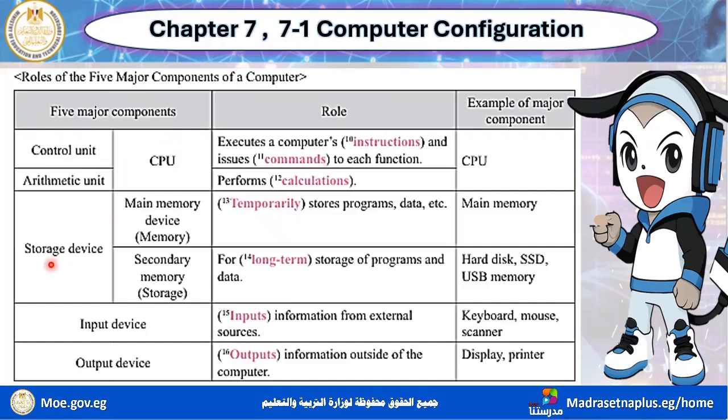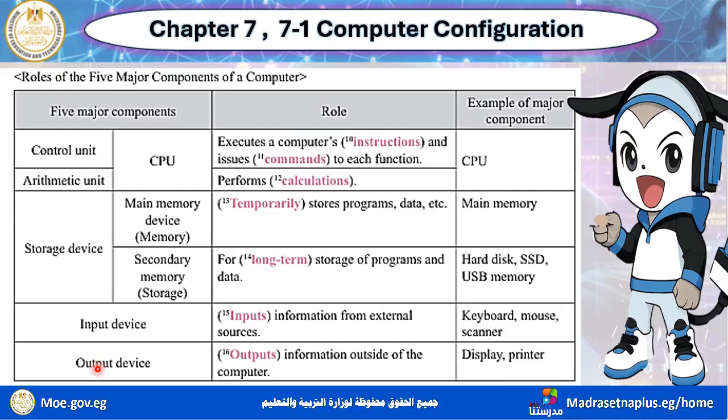After that, we have the storage device. Storage device is divided into 2: the main memory device, which we call memory, and secondary memory, which we call storage. And after that, we have the input device and the output device. So these are the 5 major components. Well, what is the role of each component?